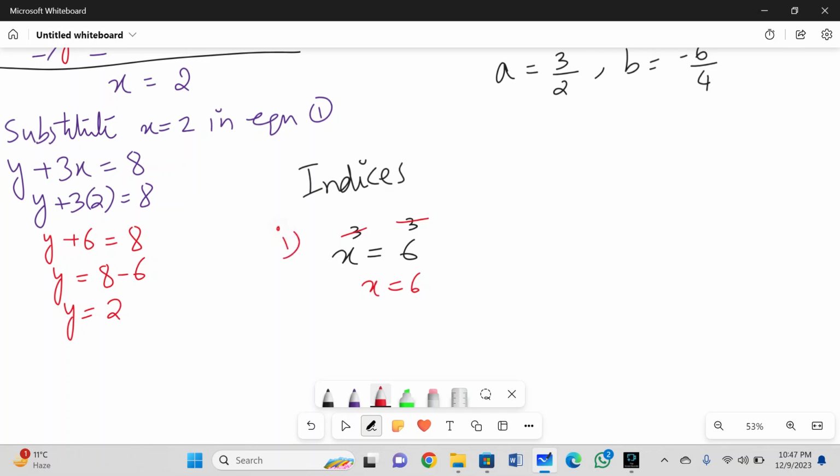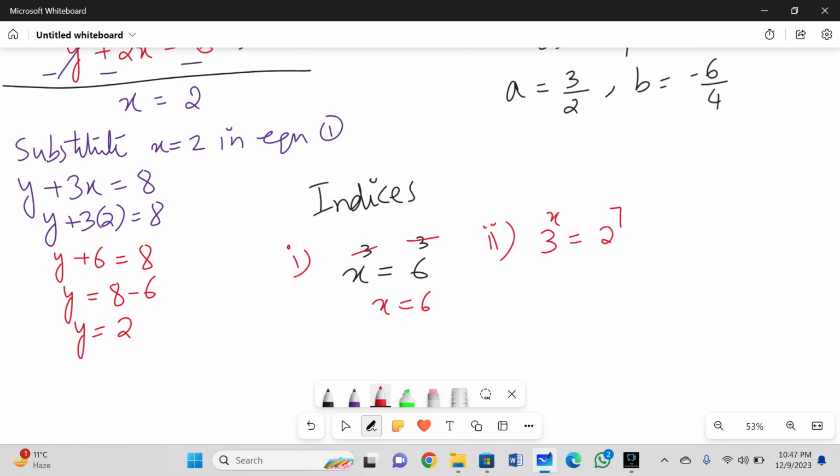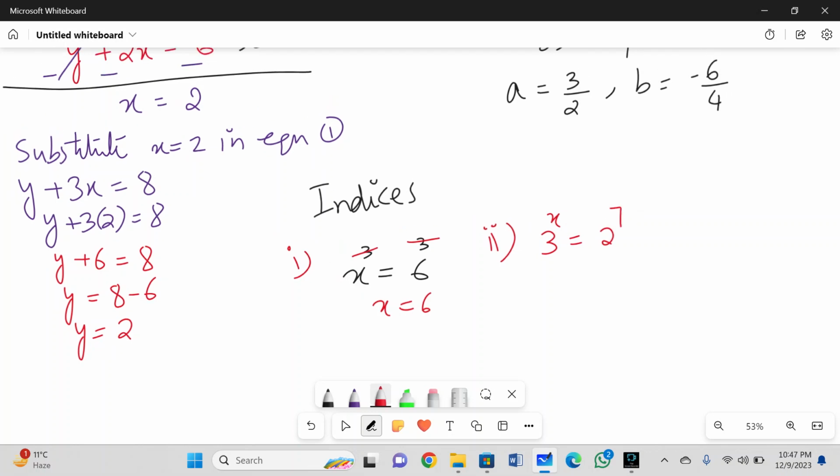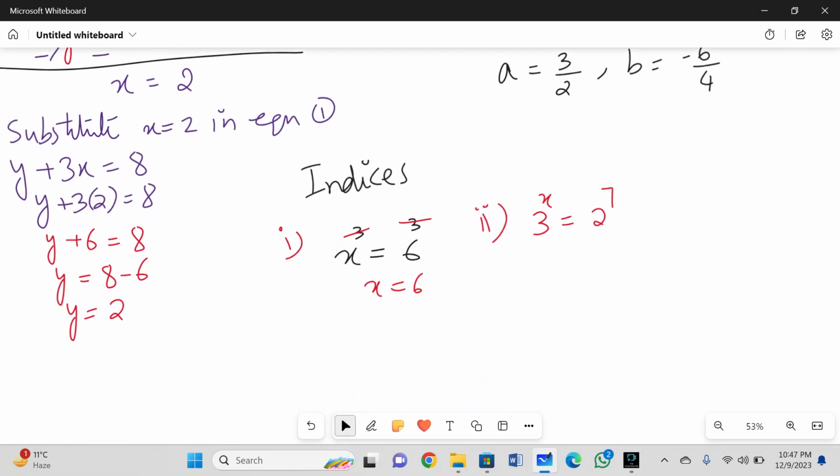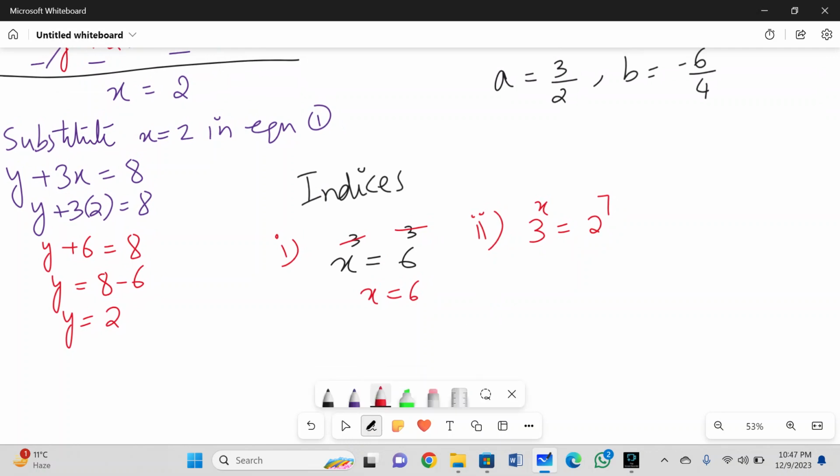And the same rule goes for bases. For example, we have another example in which you have 3 power x equals 27 power 2.